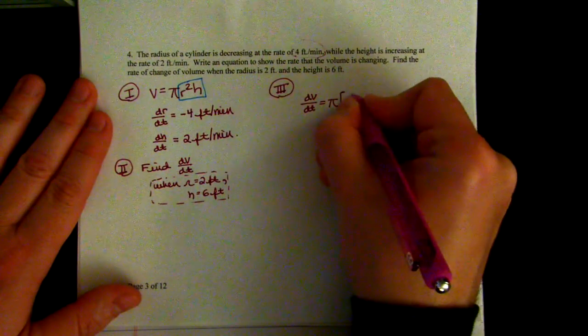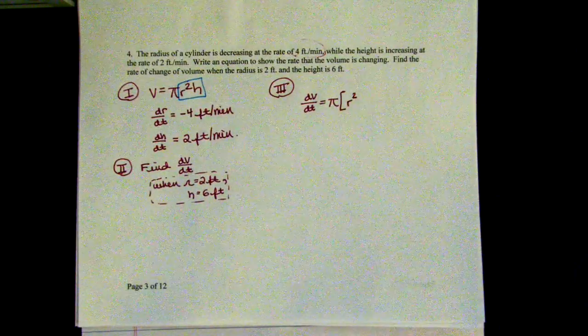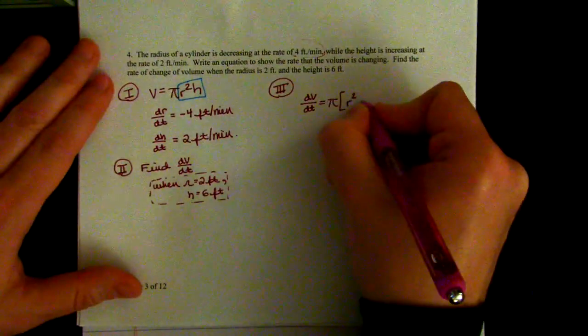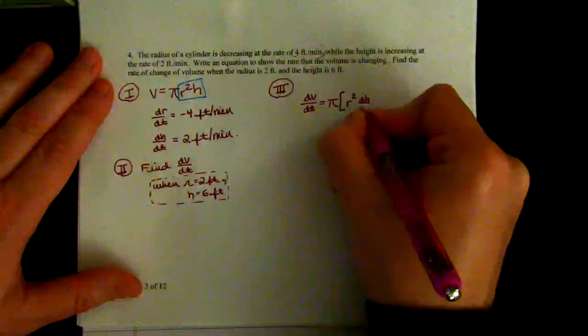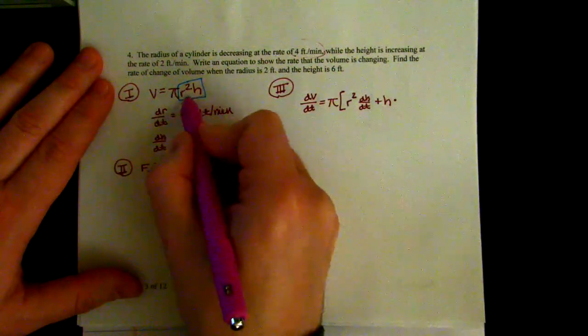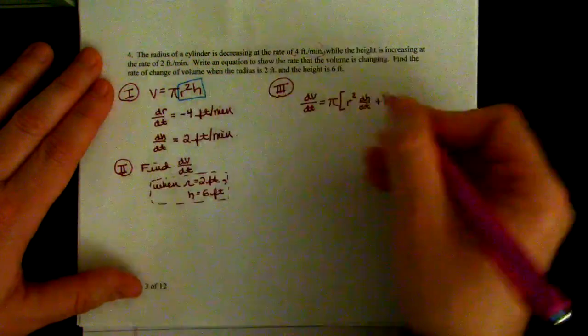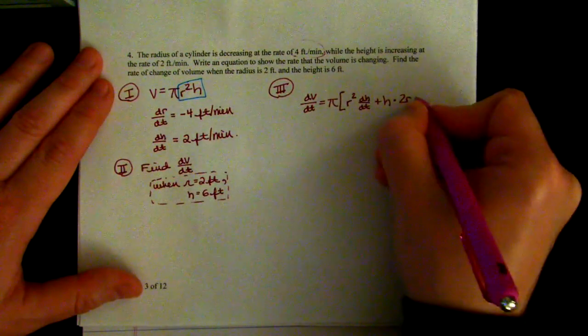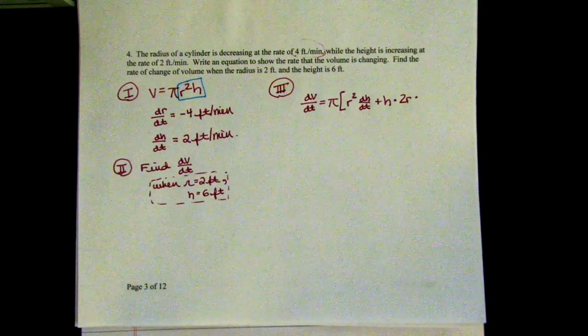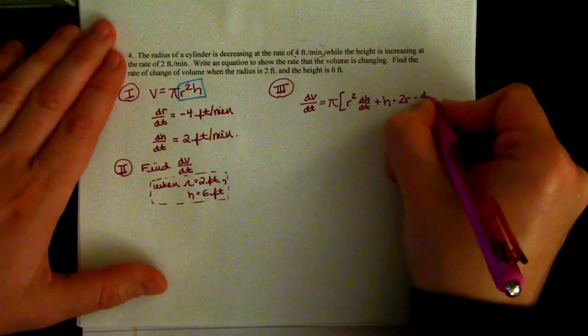First is r squared. What are we going to say the derivative of h is? I hope you just said dh dt. Plus second, which is h, times derivative of the first. Derivative of r squared is going to be 2r, but by the chain rule times the derivative of r, which is what? dr dt.